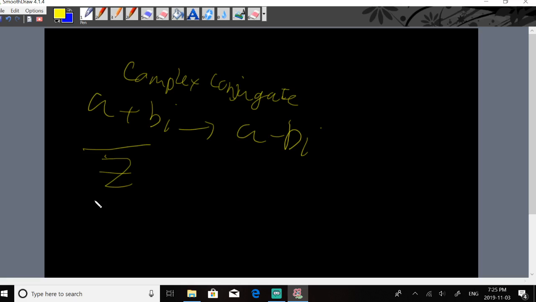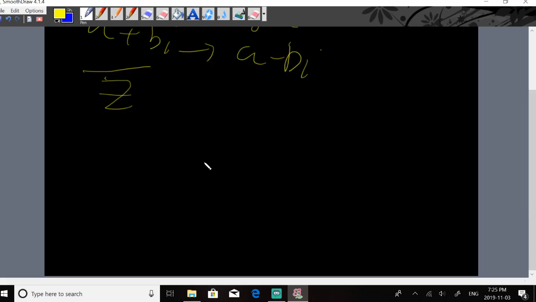Find the product. Example 1. Find the product of complex number z equals 5 plus 2i and its conjugate.